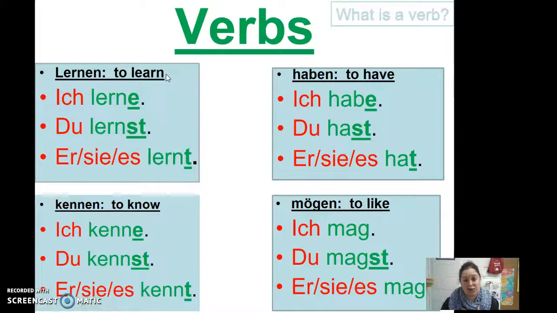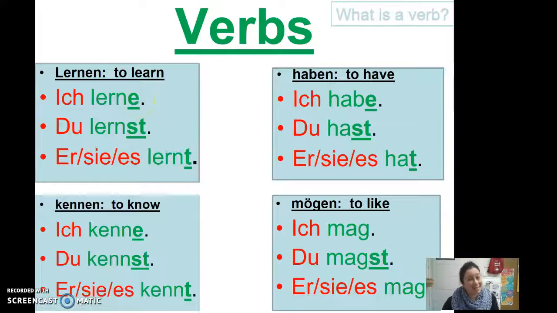We say I learn, you learn, she learns. Now, how do you know how to do that? Well, the answer is you just grew up speaking English and you heard it so many times, you know what to do. Well, if you were in Germany, you would hear this verb used so many times, you would know the different endings and you wouldn't have to think about it.